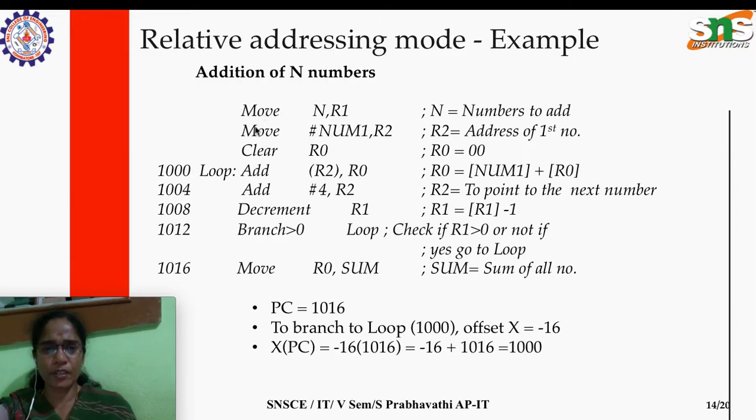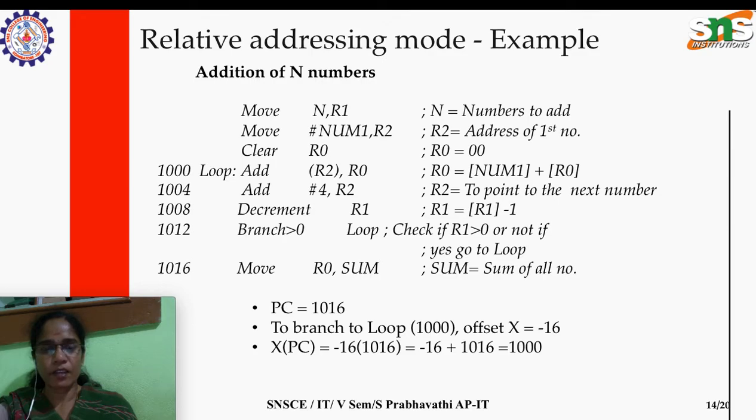I hope everybody is familiar with this program. We are adding a set of numbers. If we are adding 3 numbers, we move the total number 3 to R1, clear the register, fetch the first number and add it to the register, then increment to get the next number.